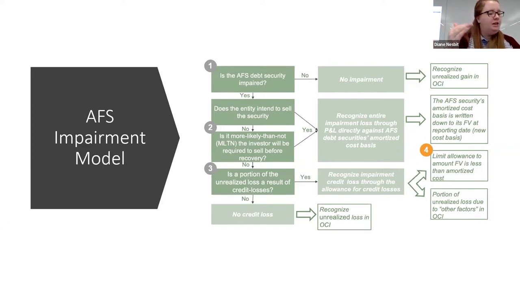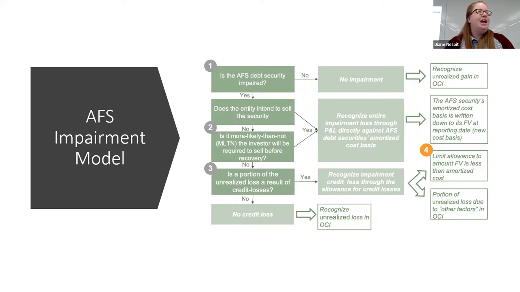It's on a subsequent slide, but the guidance does dictate that for available for sale securities, that analysis has to be performed using discounted cash flow to determine what you're expecting to get. So for question 3, you would run the discounted cash flow.